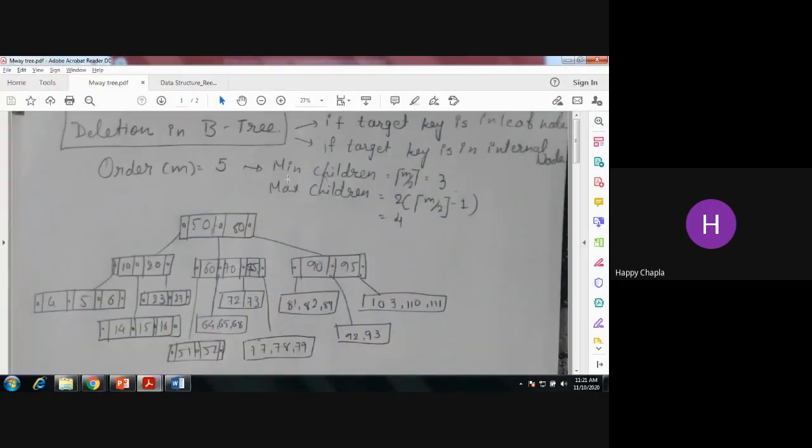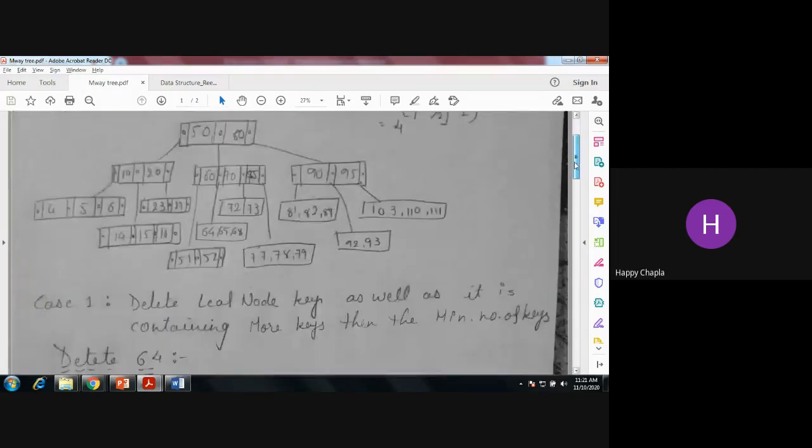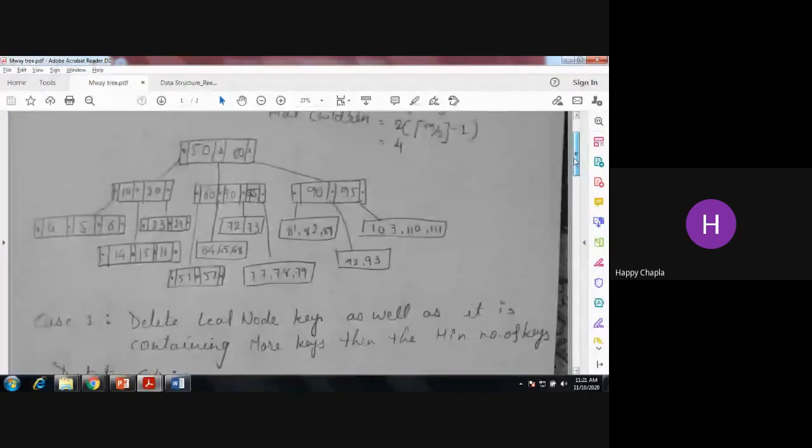In deletion of a B tree, I'm taking one more example. If the target key is in the leaf node, second case, if your target key is in the internal node. This is a tree of order 5, so minimum children is 3, maximum children is 4.